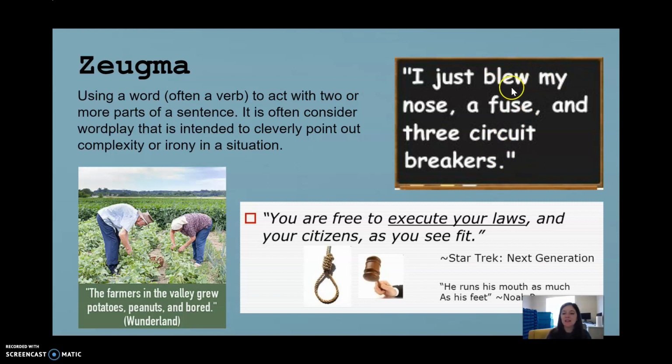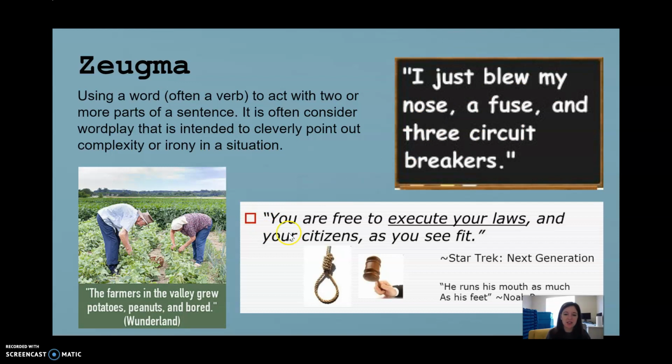And so it's the idea that this verb actually means 3 different things depending on which it's applying to. And the clever aspect of it, the irony of it, is that they're showing how frustrated they are. They're sick, they're losing their patience, and now their power's out. And so it's very clever.